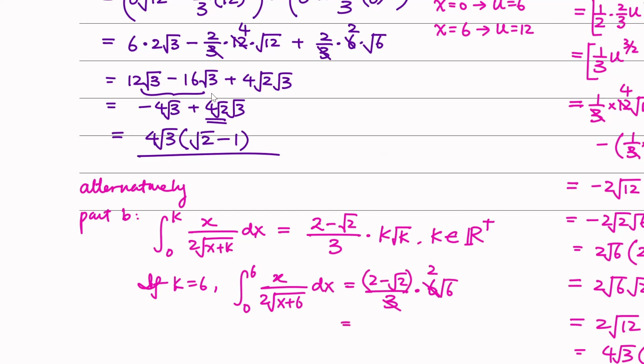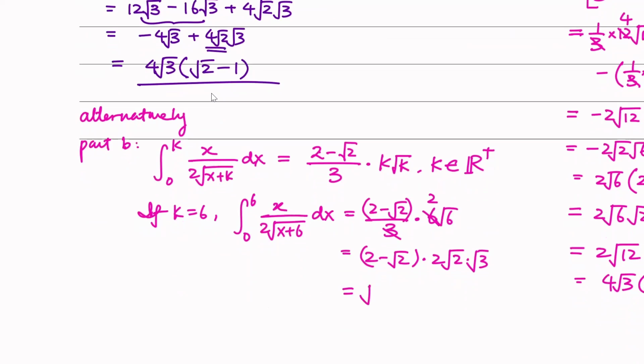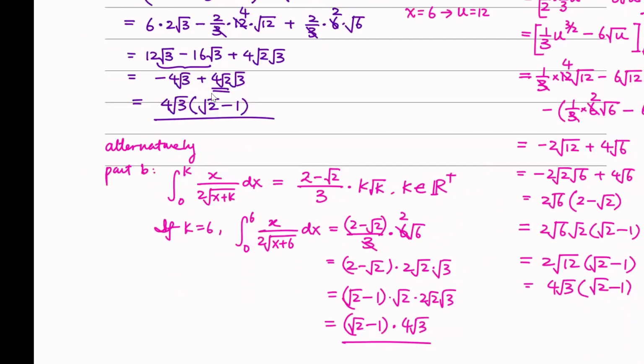So you actually get 2 minus root 2 times 2 times root 2 times root 3. Then you can bring out, let's say, root 2 minus 1 times an extra root 2 times 2 root 2 root 3. So eventually it's root 2 minus 1 times 4 root 3. Same answer.